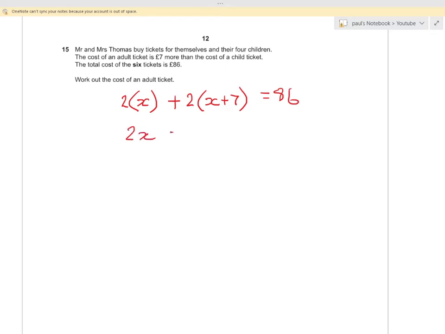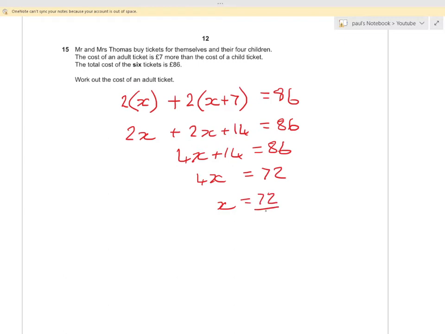So 2x plus 2x plus 14 equals 86. So 4x plus 14 equals 86. Take 14 away, so 4x equals 72. So x is 72 divided by 4, which is 18. £18.